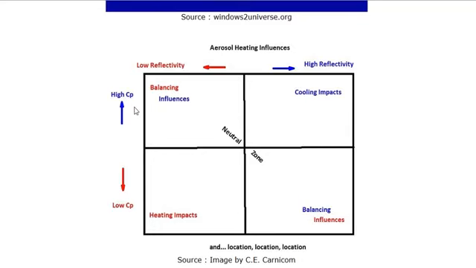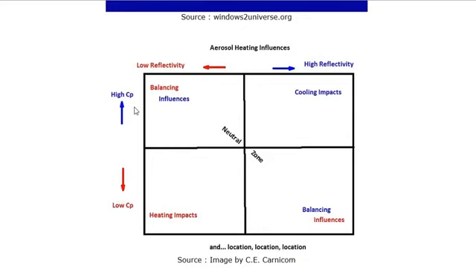Okay, let's go back to that specific heat one. As an example, if something had a high specific heat, that means it would take a lot more energy to heat it up per unit mass than something with a low specific heat. It's a measure of the amount of energy or heat required to heat up a unit mass.